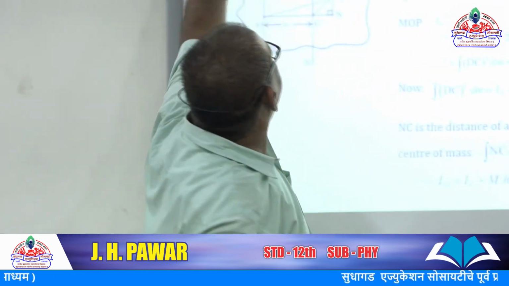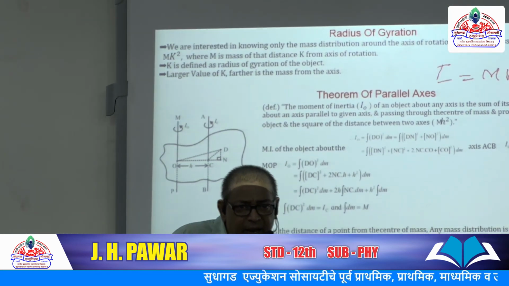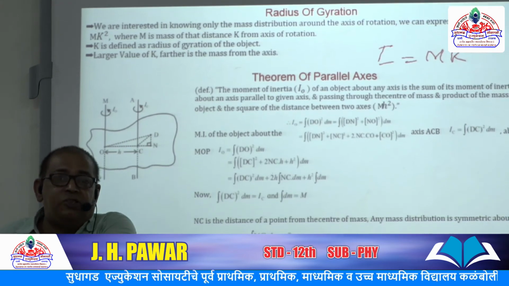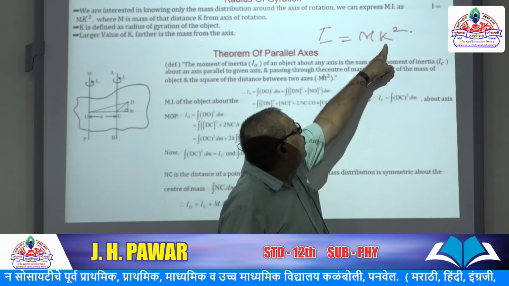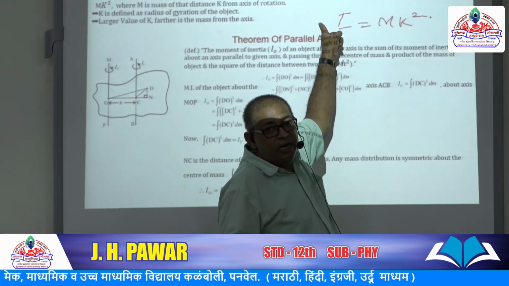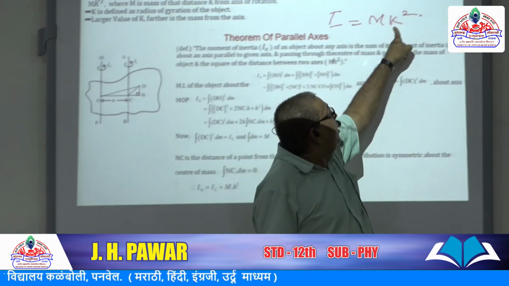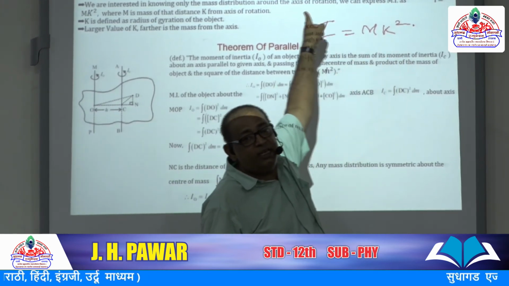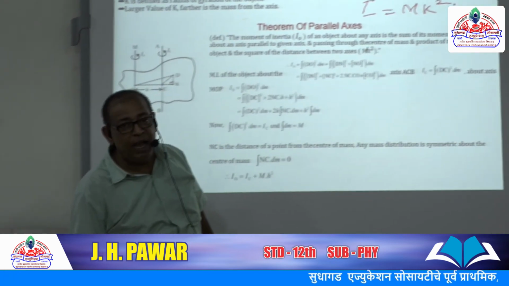Here k is defined as the radius of gyration. With the help of k, we can manage how mass is distributed from the axis of rotation. The larger the value of k, no doubt the moment of inertia is more, meaning the distribution of mass is far away from the axis of rotation. And when k is small, the moment of inertia is small and the distribution is close to the axis of rotation.